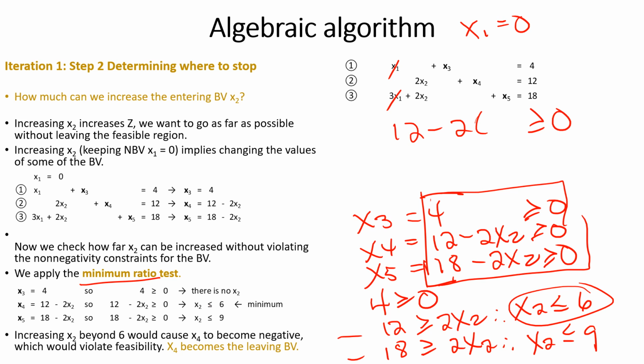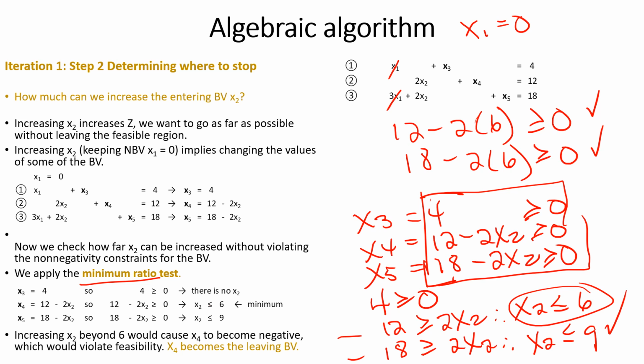If I change the x2 with 6, I don't have a problem, it's accomplished. Now for 18 minus 2x2 greater or equal to 0, if I change the 2x2 with 6, I still don't have a problem because it's 18 minus 12, we got 6. So we accomplished the restrictions.